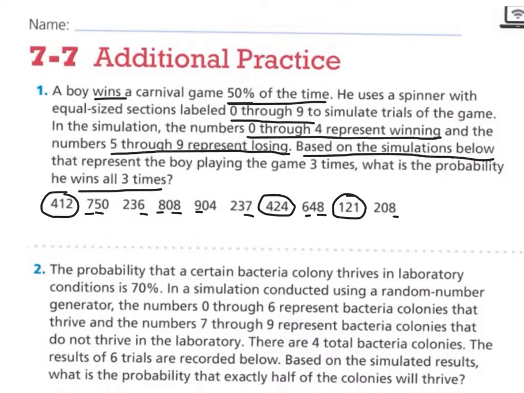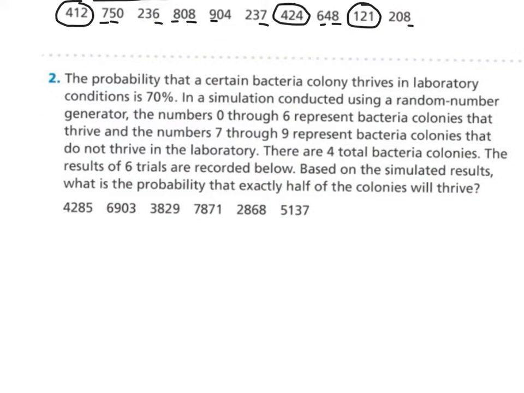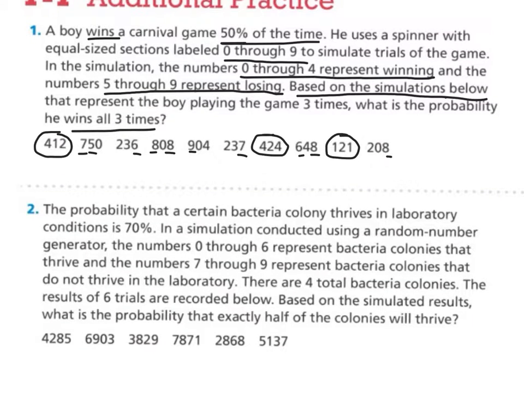So the probability, to finish off there, we had 3 out of a total of 10. So 3/10, or if you wanted to say 30% chance of winning all 3 times.